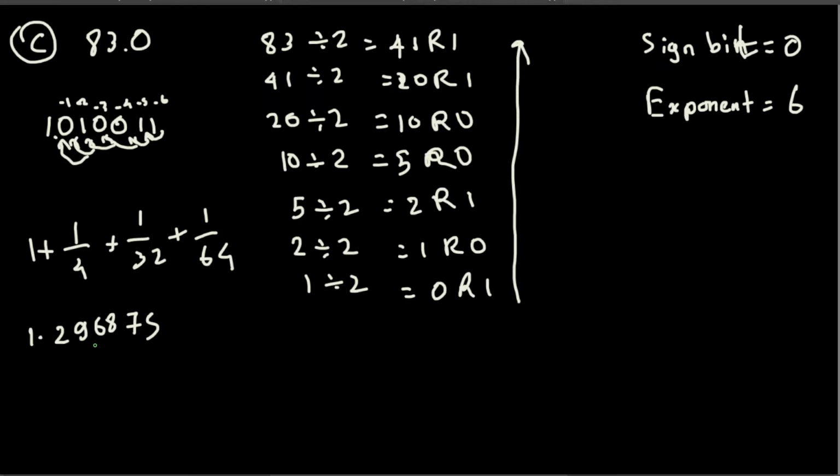That is totally 7 digits gone. So we have 9 more digits left. We fill up that one with 0. 5, 14. This is our mantissa.